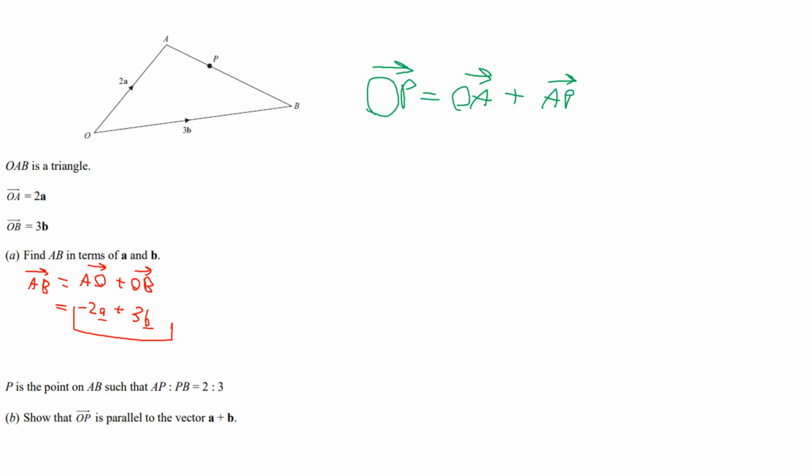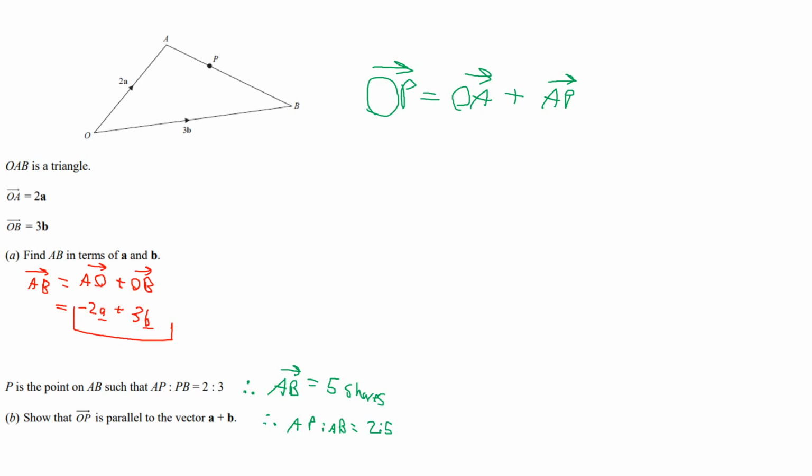We know that A to P and P to B is in the ratio 2 to 3. Therefore, A to B represents 5 shares. Okay? And so therefore, the ratio AP to AB is in the ratio 2 to 5.